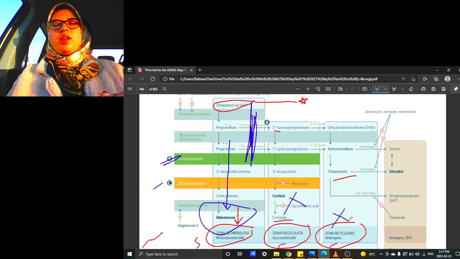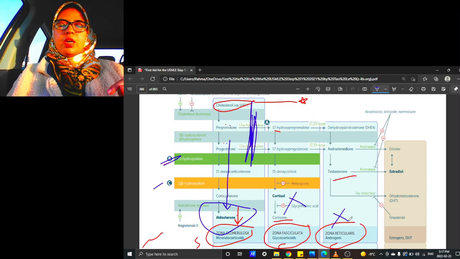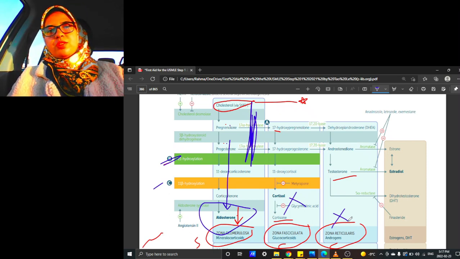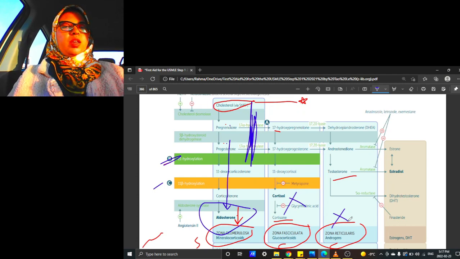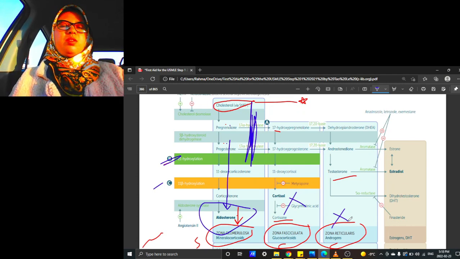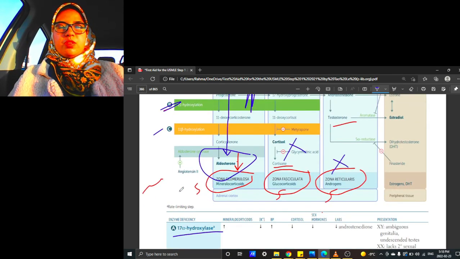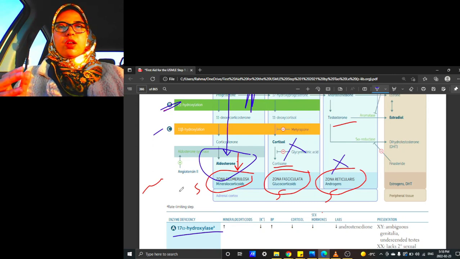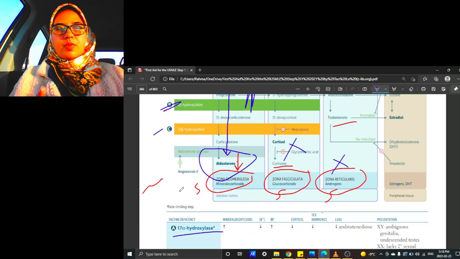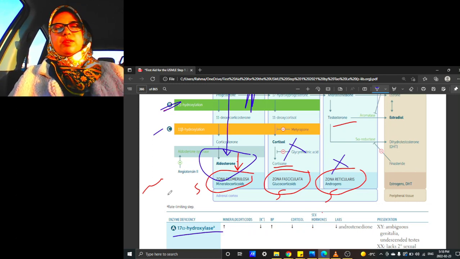Now remember the 21-alpha hydroxylase, we said you have low blood pressure. Because you have low blood pressure, you're going to activate the renin-angiotensin system, so renin's going to be high. Here blood pressure is going to be high, so it makes sense that renin is going to be low. Remember that aldosterone also works on potassium secretion. So if I have a lot of aldosterone, a lot of that potassium now is going to be secreted, so I should have very low serum potassium levels.